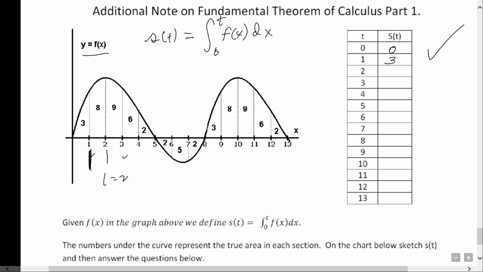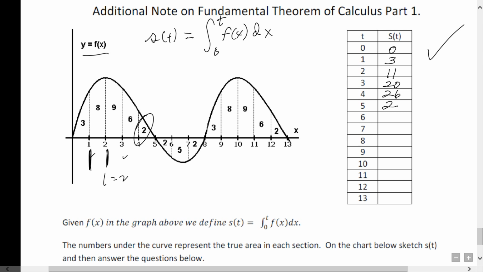At t equal 2 you picked up 8 more, so you have an area of 11. At t equals 3 you picked up 9 more, so you have s of t is 20. At t equal 4 you picked up 6 more, and you have 26.